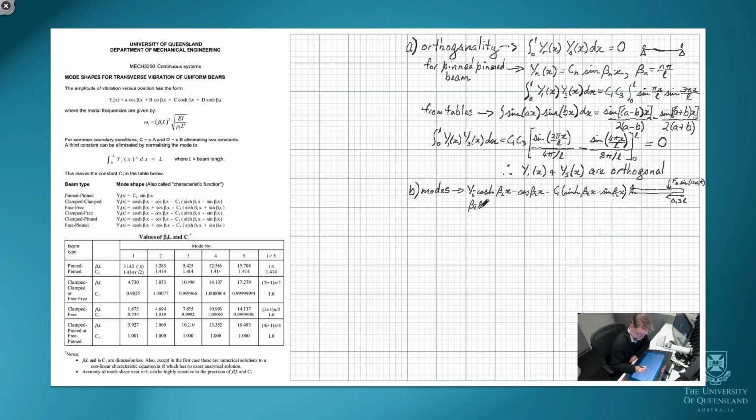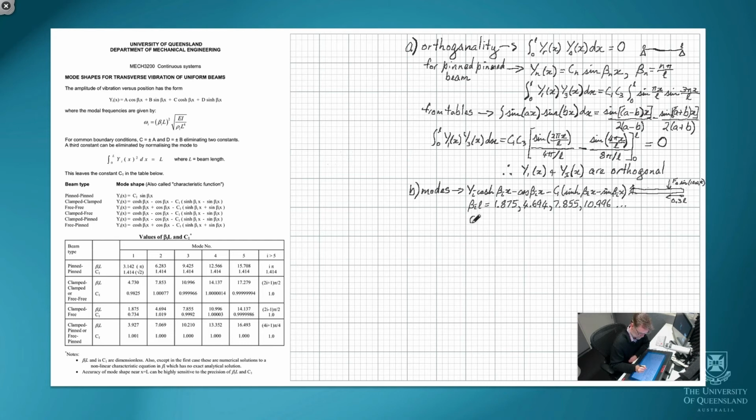So beta i times L for the cantilevered beam equals 1.875 for the first mode, then 4.694 for the second mode, then 7.855 for the third mode, and then 10.996, and so on.